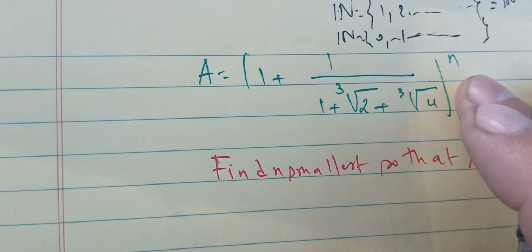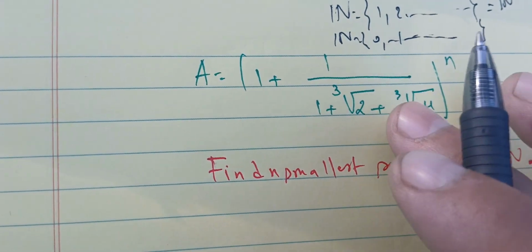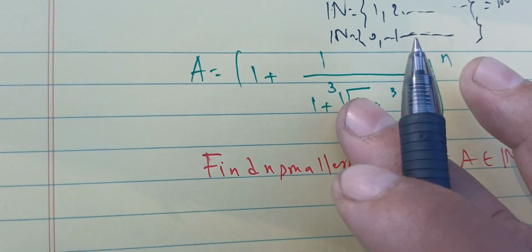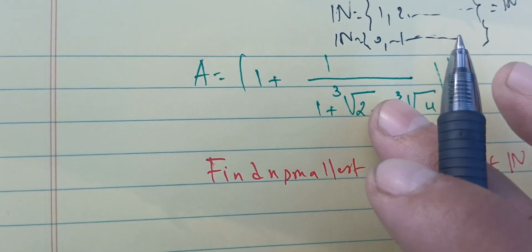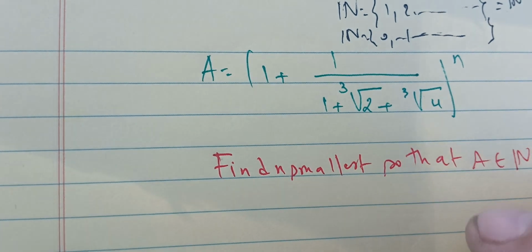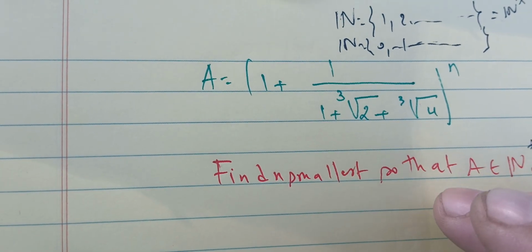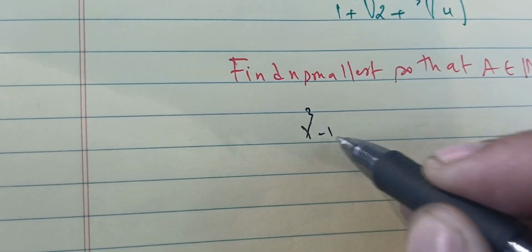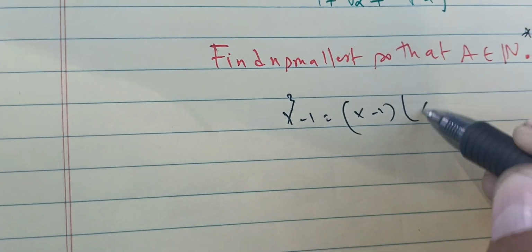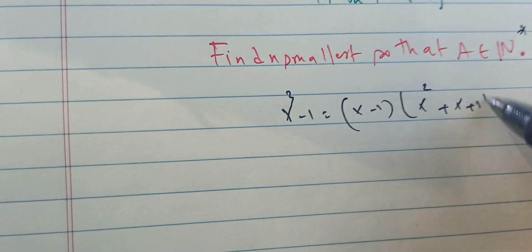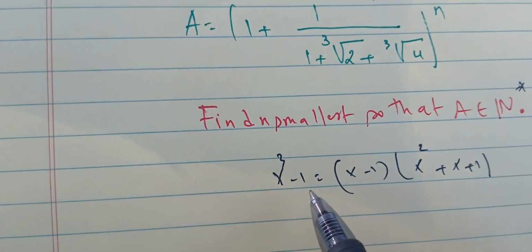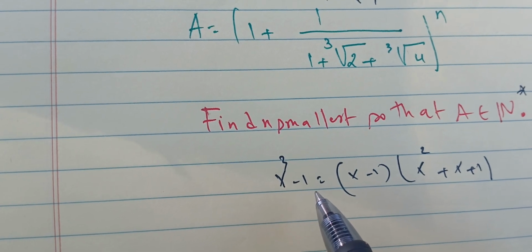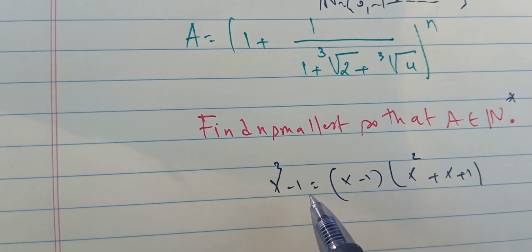Okay, to solve this problem we have to work on this quantity here. Remember that x cubed minus 1 is (x minus 1) times (x squared plus x plus 1). If we treat the cube root of 2 as x, we can solve it.